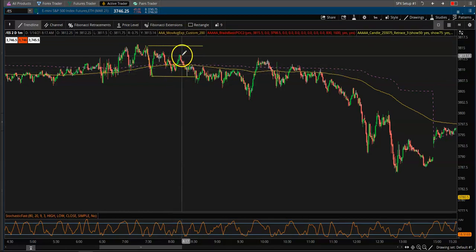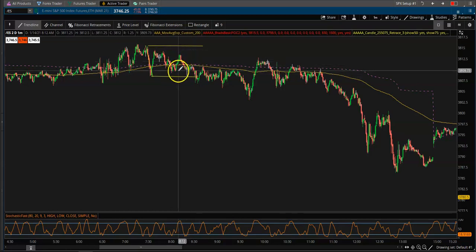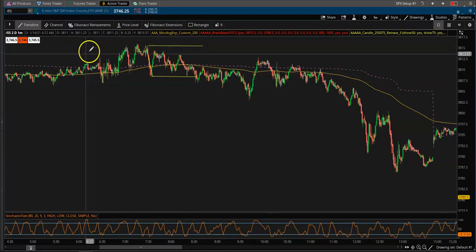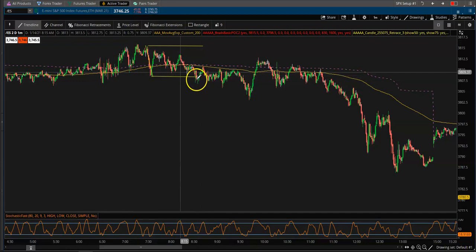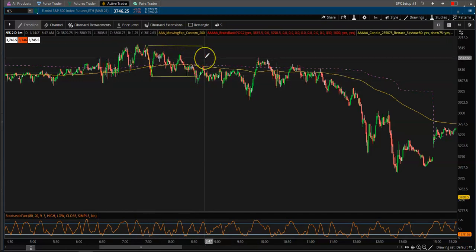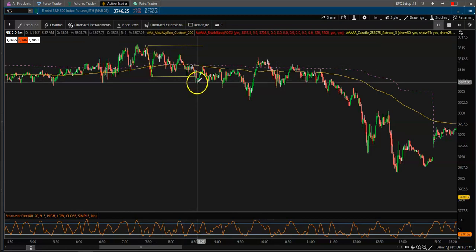So now we're back into lower highs and lower lows, right? Pull back, we took out that low, we rally, very shallow rally, and then we end up taking out that low. But on the bigger picture, we now took out this low, right? So on the bigger picture, we're still in that bigger downtrend.